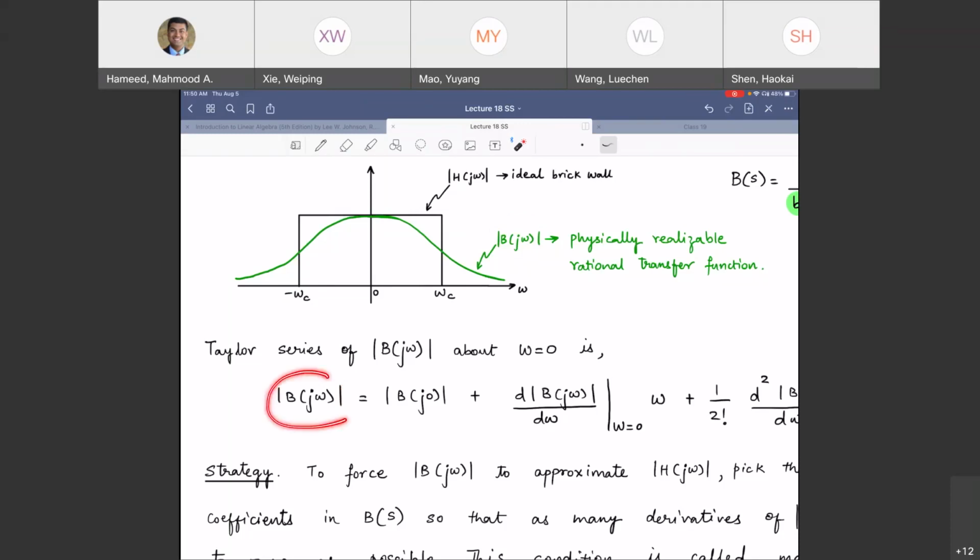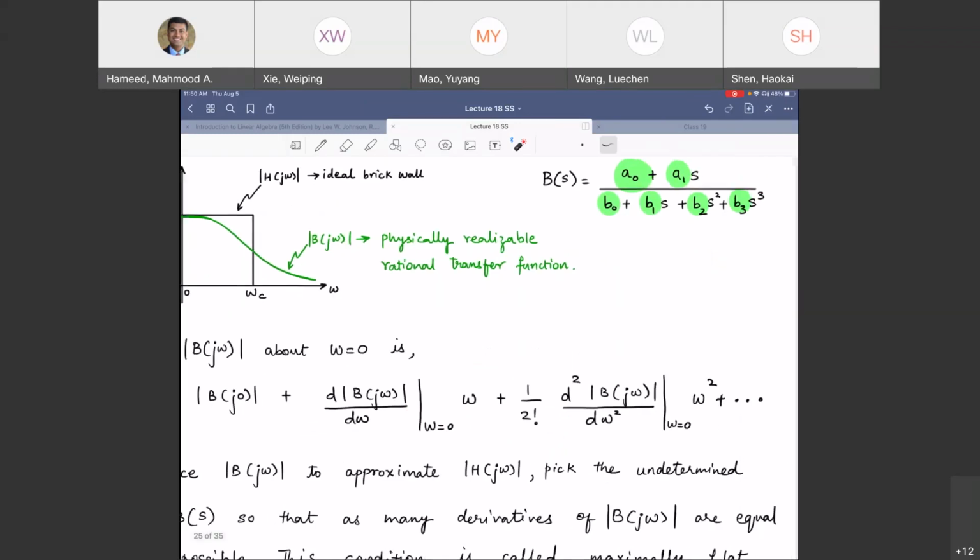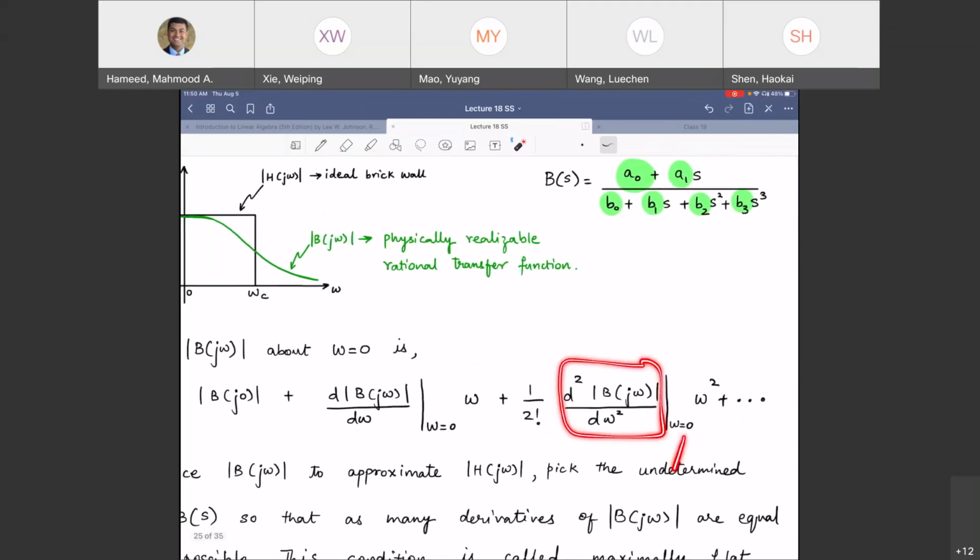So for that function of x, the first term was what? Evaluate the function at 0. So the magnitude of B of j omega at omega equals 0. Next, the first derivative of the function evaluated at 0 times x, or in this case, omega. Next, the second derivative of the function at 0 multiplied by omega squared. You also have the 1 over 2 factorial.